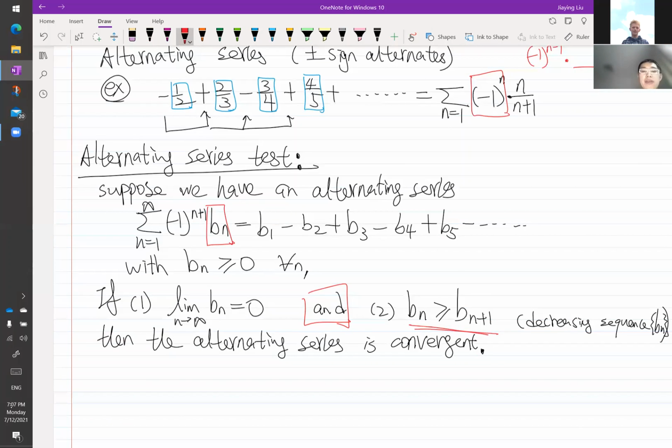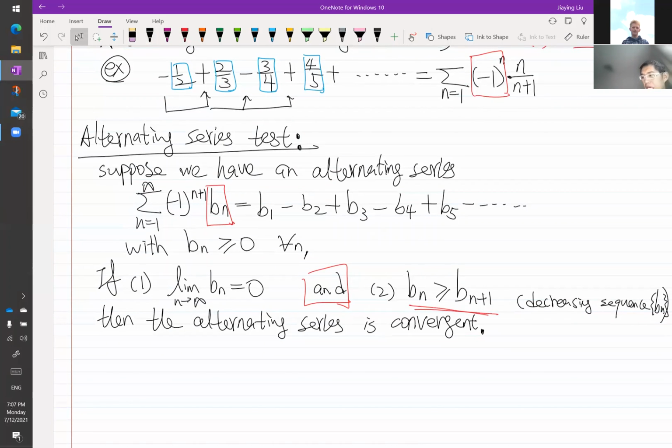If both are satisfied, then that series is convergent. I personally think this test is a little bit easier to apply than the previous one. You might disagree, but let me give you an example.